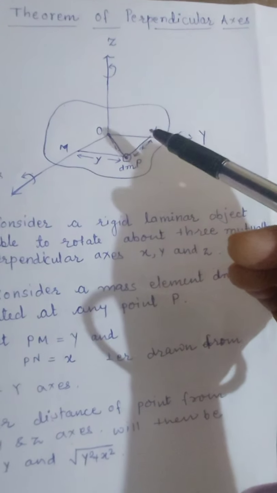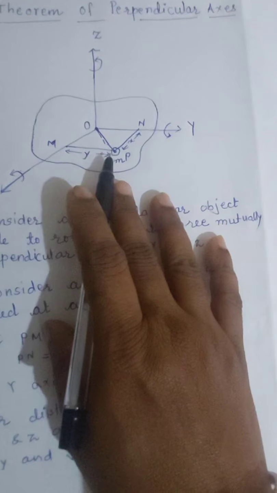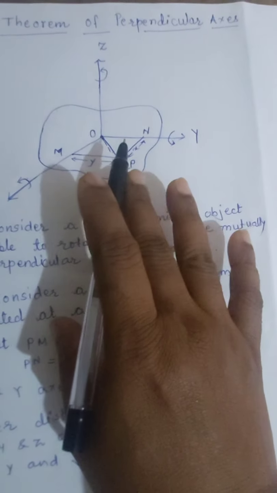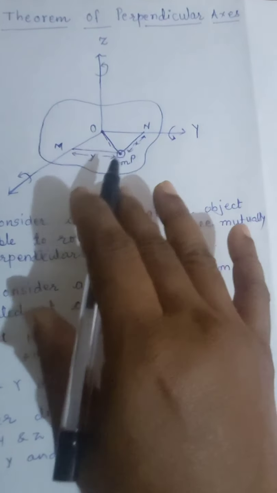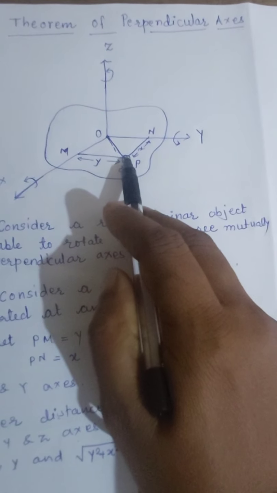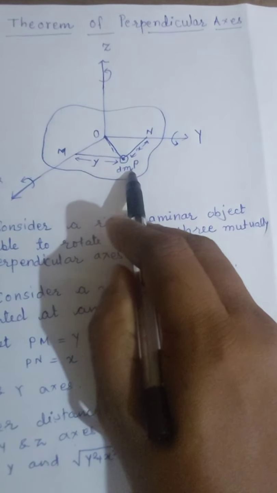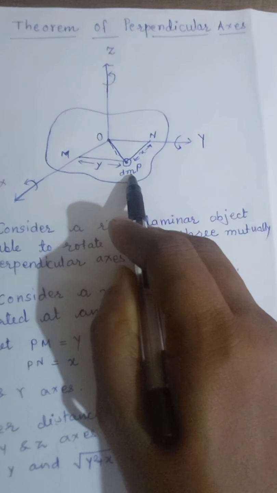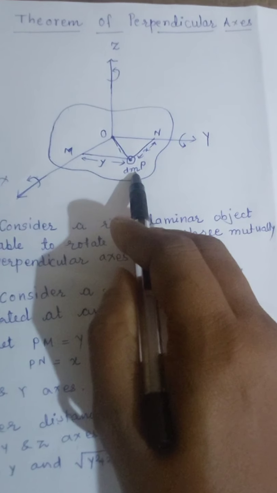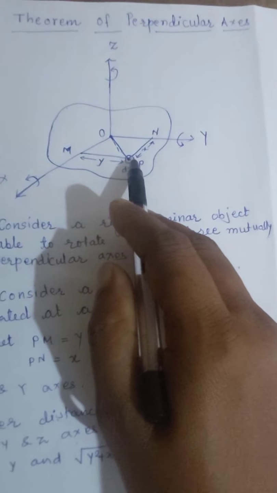For that we'll consider one small point mass, and then we'll integrate to get the moment of inertia of this whole body. Let us consider this point P having a small mass dm, and we have to find the moment of inertia of this mass dm, and then we'll integrate.